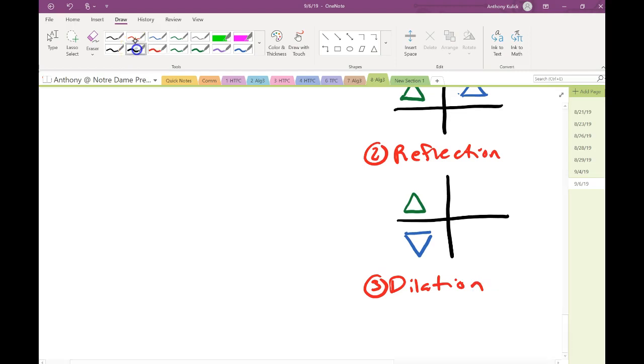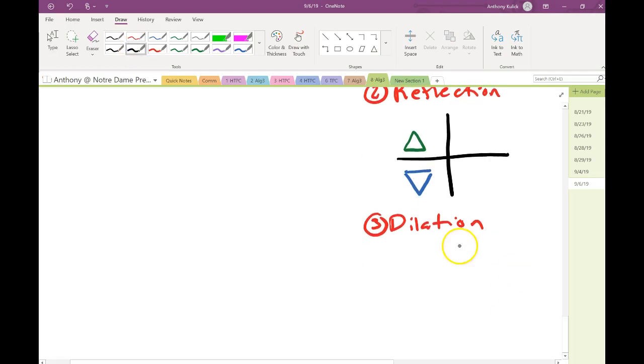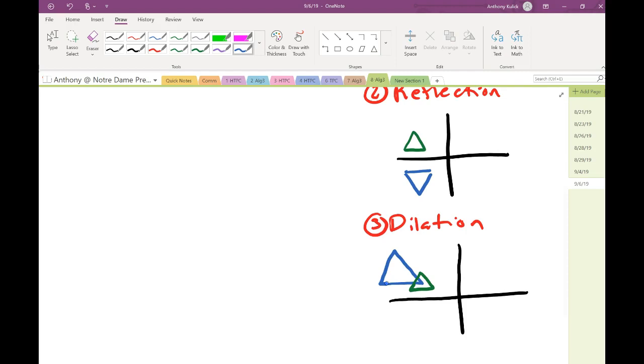The next one is called a dilation. So in a dilation, you're going to stretch the shape out to make it either larger or smaller.